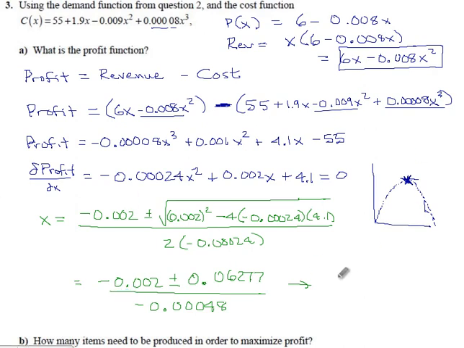And I get an x of 134.93, but I'm just going to round it to 135. So this company's most efficient way to bring in money would be to make 135 of whatever their product is.